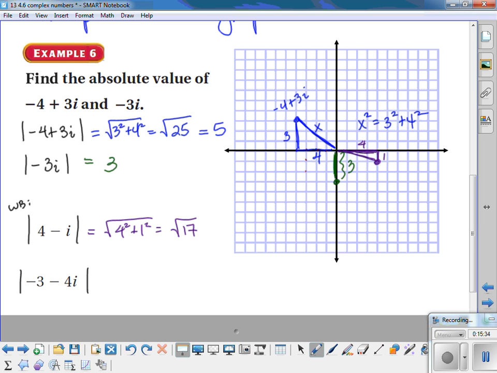I'm going down 4, and so that's the point right there. So here's my triangle right there. This is 4, this is 3. So it's the square root of 3 squared plus 4 squared, and that comes out to 5 again, okay? All right, thank you.